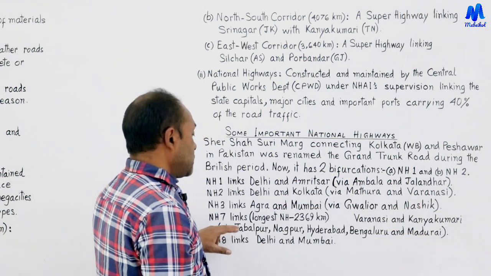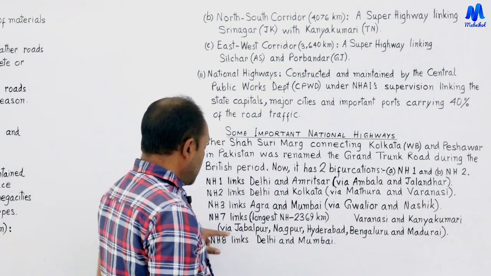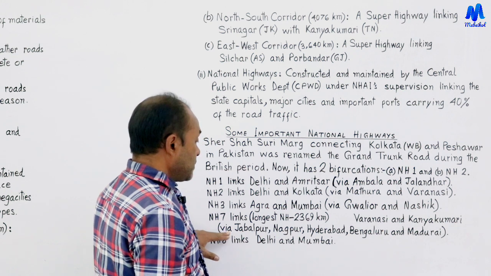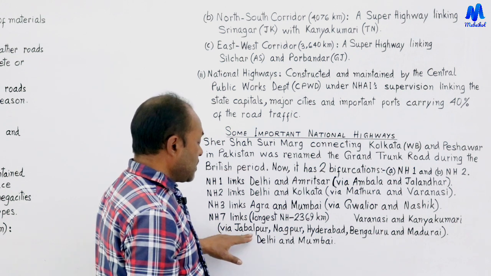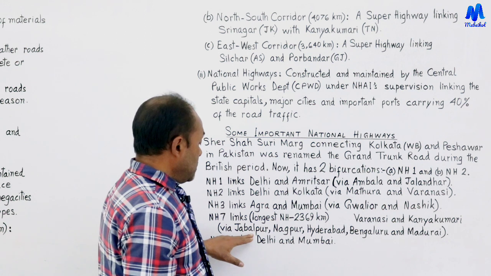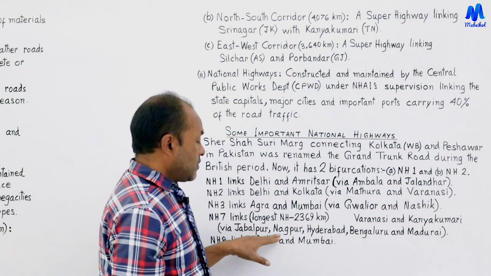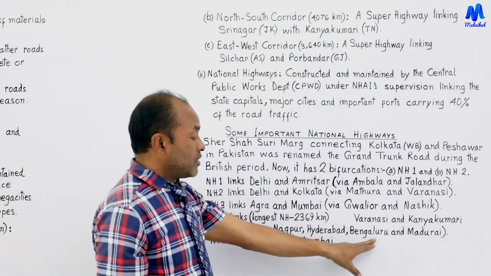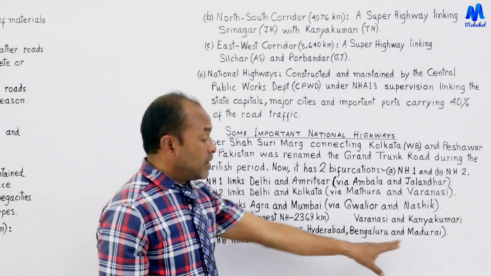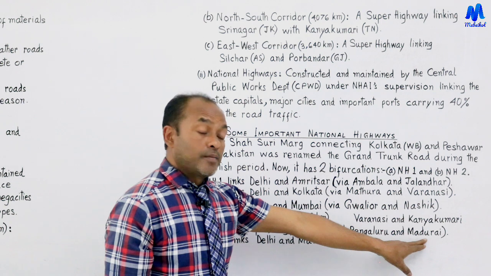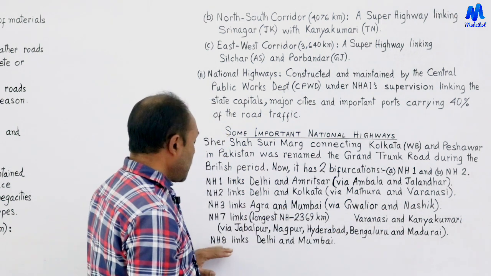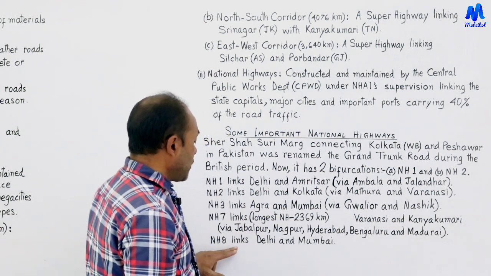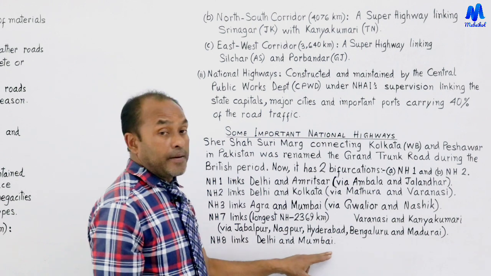This highway runs via Jabalpur in Madhya Pradesh, Nagpur in Maharashtra, Hyderabad in Telangana, Bengaluru in Karnataka, and Madurai in Tamil Nadu. Okay. National Highway number 8 links Delhi and Mumbai.